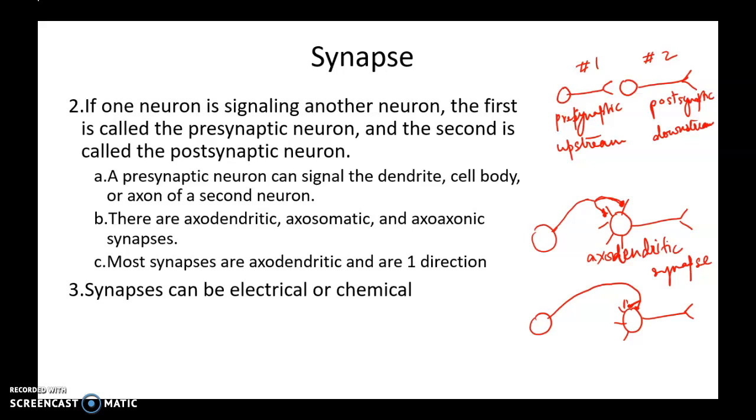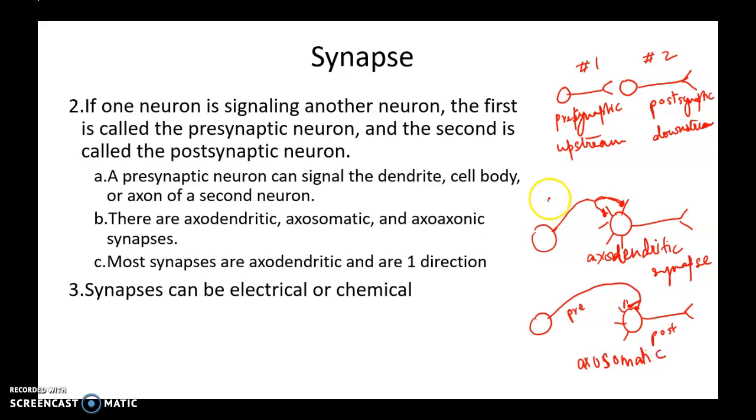Okay. All right. So here we have the presynaptic neuron and a postsynaptic neuron, and the presynaptic neuron is synapsing on the cell body or soma of the postsynaptic neuron, and in this case, this is called axosomatic synapse.